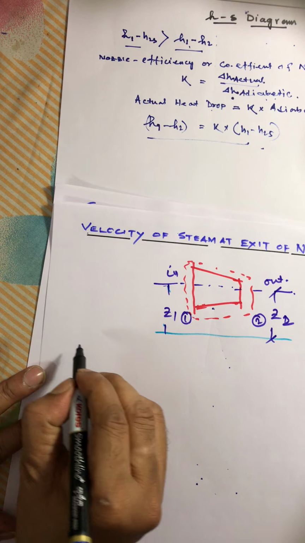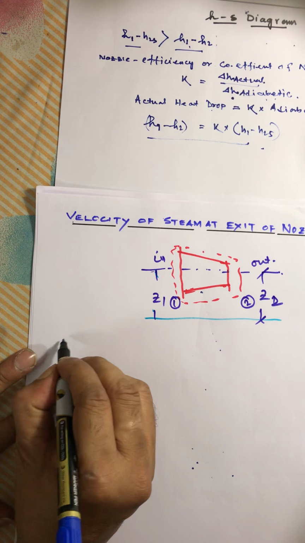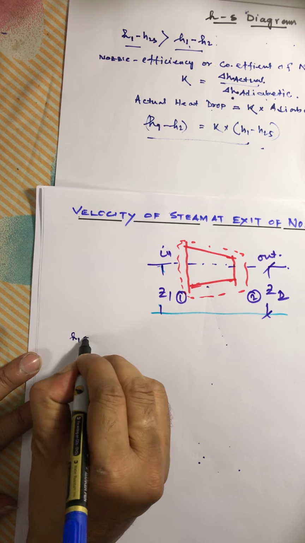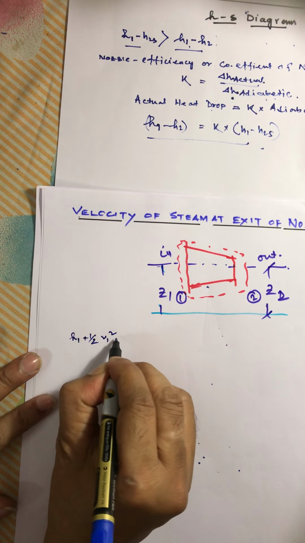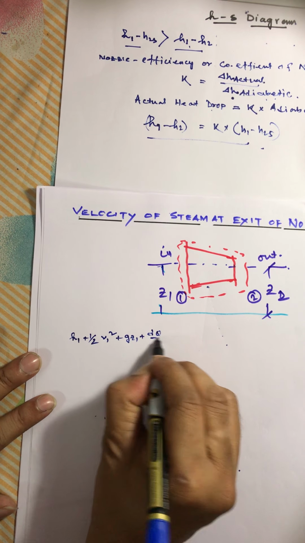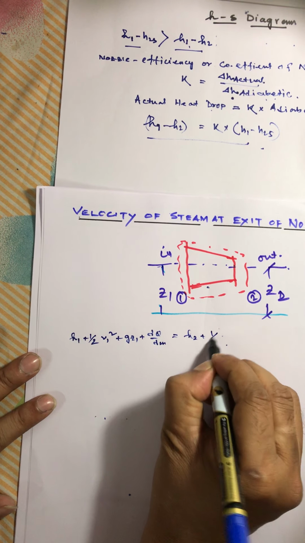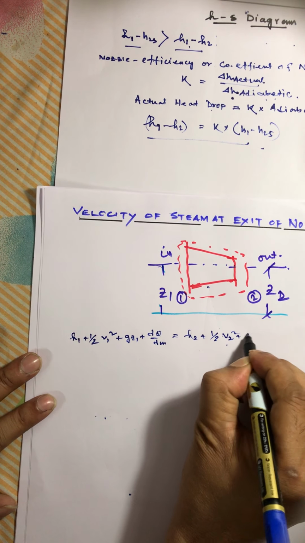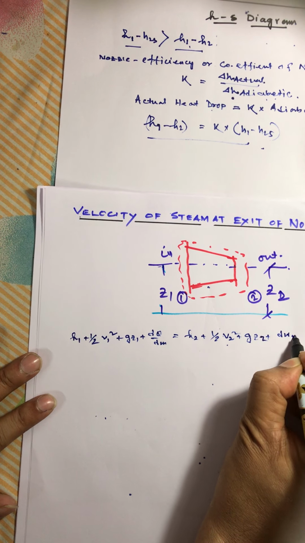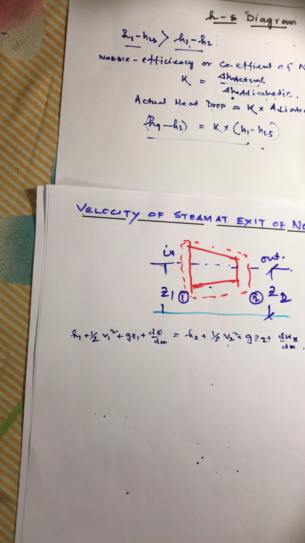We can remember the steady flow energy equation. That is H1 plus half of V1 square plus Z1 plus dq by dm is equal to H2 plus half of V2 square plus Z2 plus dwx divided by dm for unit mass.